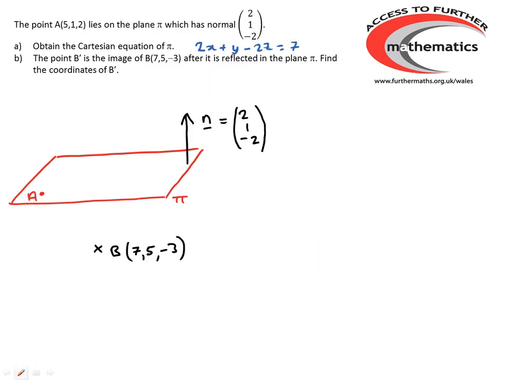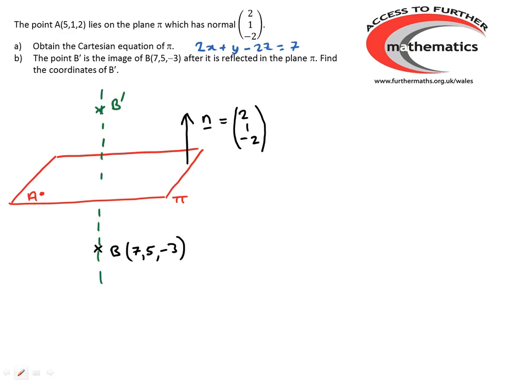For part B, it really is a good idea to draw a sketch diagram, try and see what's going on. So we've got the plane, we've got the point B, and we are trying to find the image of the point B after a reflection in the plane.